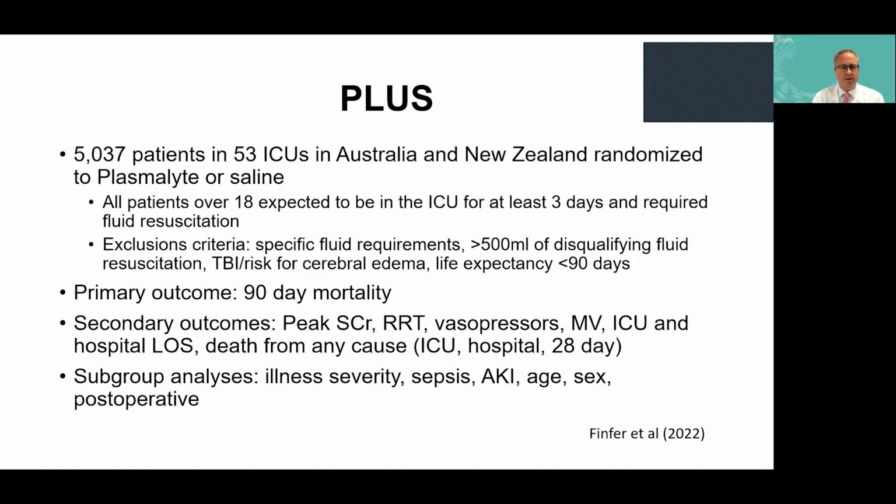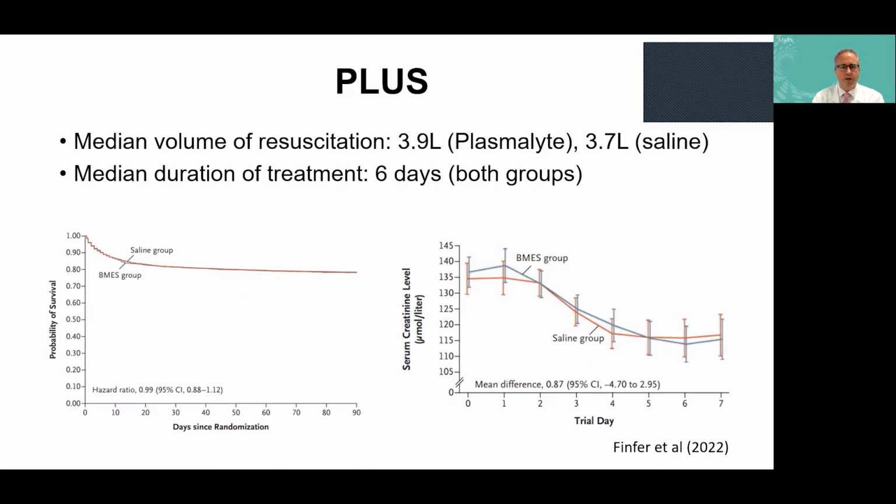Similar inclusion criteria: everybody over 18 who was expected to be in the ICU for at least 3 days, needing fluid resuscitation. Again, the primary outcome variable was 90-day mortality, with some important subgroup analyses pre-specified, and you can see those on the slide here. No difference in survival, no difference in serum creatinine levels either. Again, not really very much fluid given on study here, and I'm emphasizing the phrase on study for reasons we'll see in a minute.